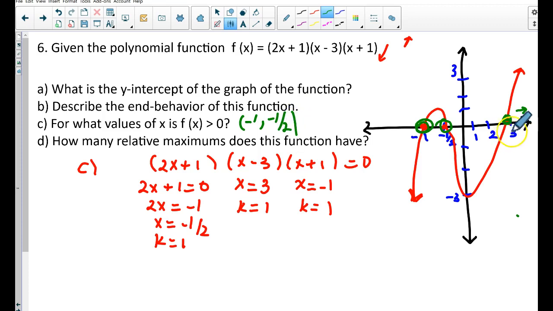And it's also occurring for values of x that are greater than 3. Part D says, how many relative maximums does this function have? Well, we can see we only have one between negative 1 and negative 1/2 right here. This value is actually a relative minimum.